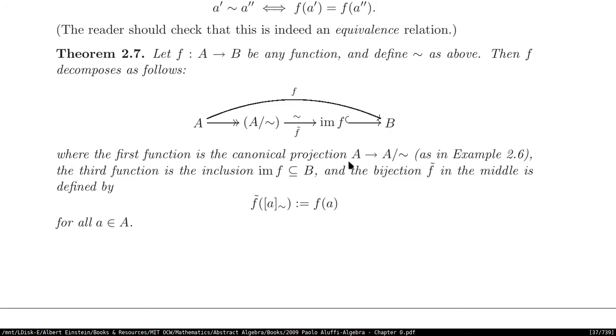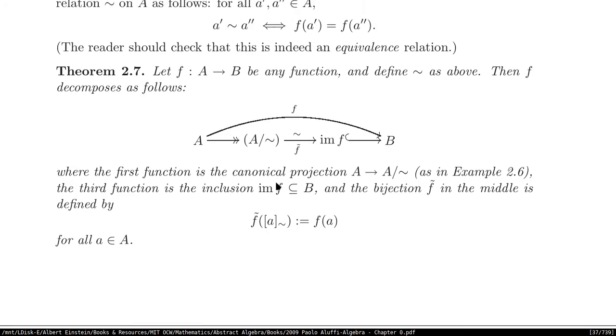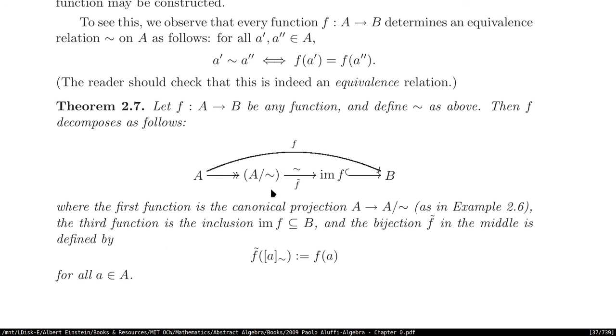The third function is the inclusion, which includes the image of f, that is f of A, within B. Inclusion is an injective map that takes a subset and maps it onto a parent set.